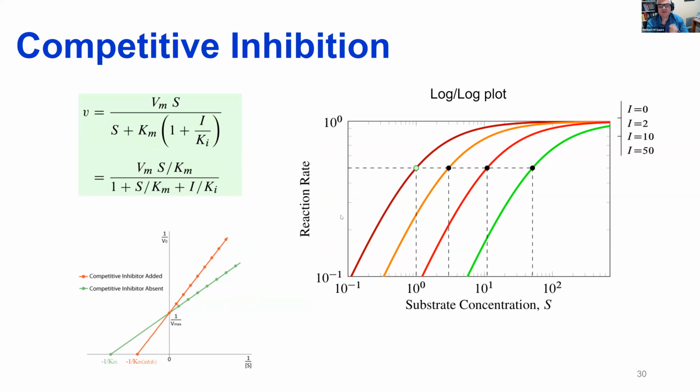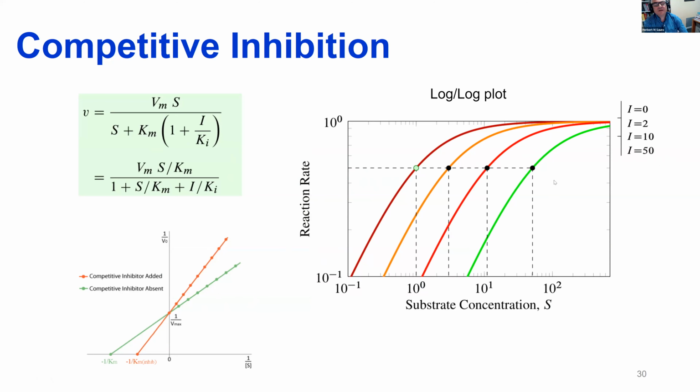Now, it's easy to see if you do a log-log plot of the reaction rate versus the substrate concentration. This is a log-log plot of the Michaelis-Menten curve, but at different values of competitive inhibitor. What the competitive inhibitor does is move the curve to the right. What that does is effectively move the apparent Km.